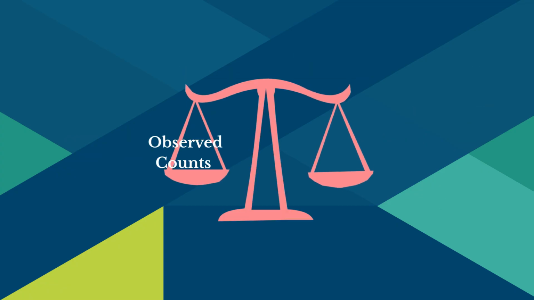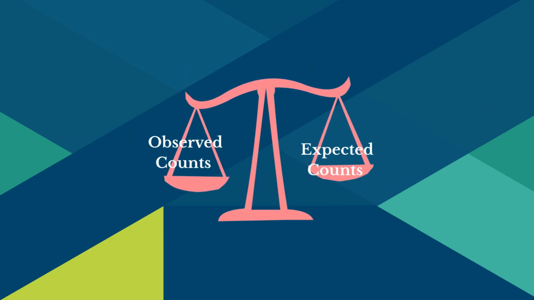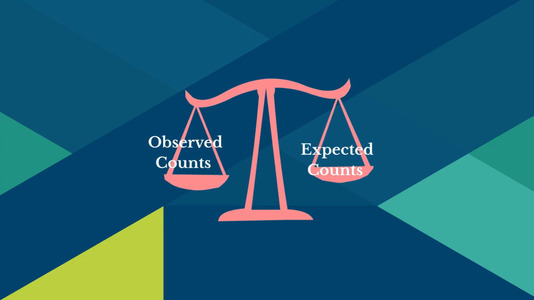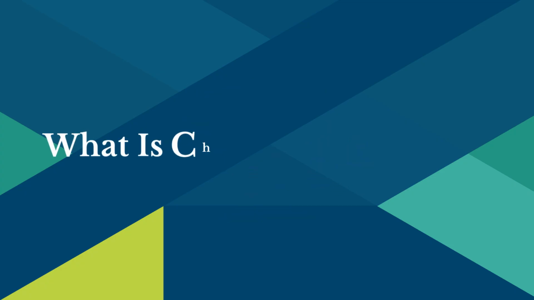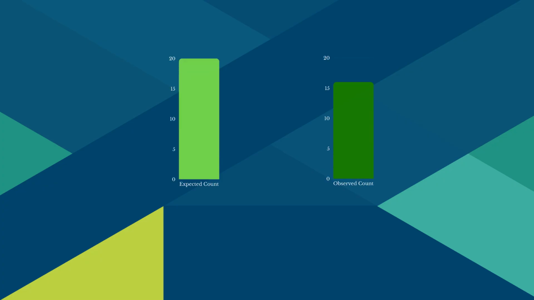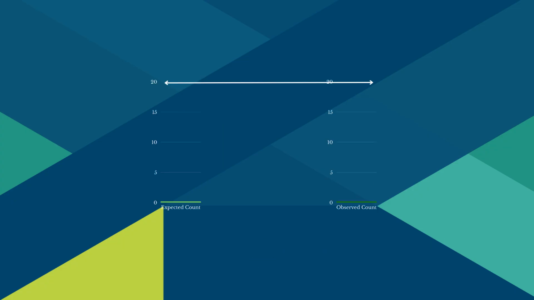It compares observed counts, that is what we see, against expected counts, that is what we would expect if the variables were independent. So, how do we measure this difference? To measure this difference, we use something called the chi-square statistic. Conceptually, it measures how far observed counts are from expected counts across all categories.